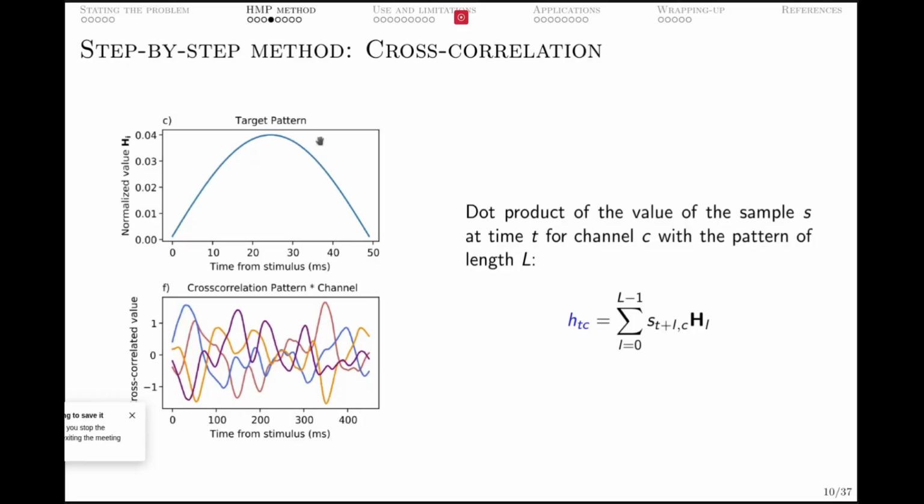This would then be some kind of bump or pulse activity, and it has a certain duration. In this case, it's 50 milliseconds. So in this specific implementation, we expect that this pattern would be 50 milliseconds in the data. We can discuss later how to relax that assumption and what the consequence is of having the wrong assumption, for example, in this case.